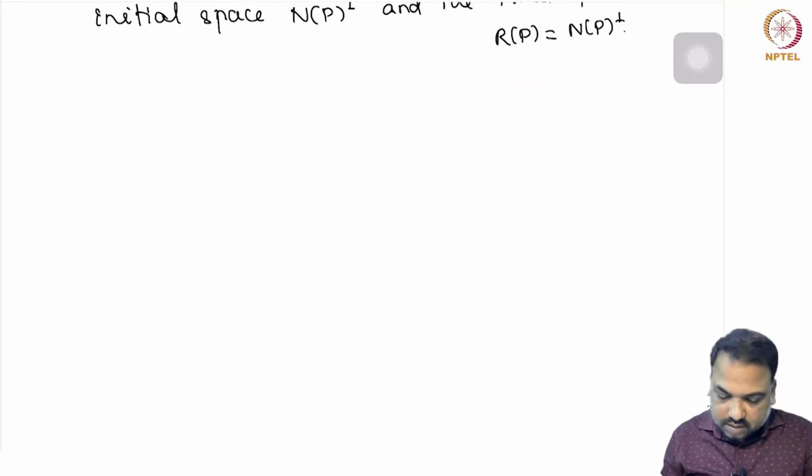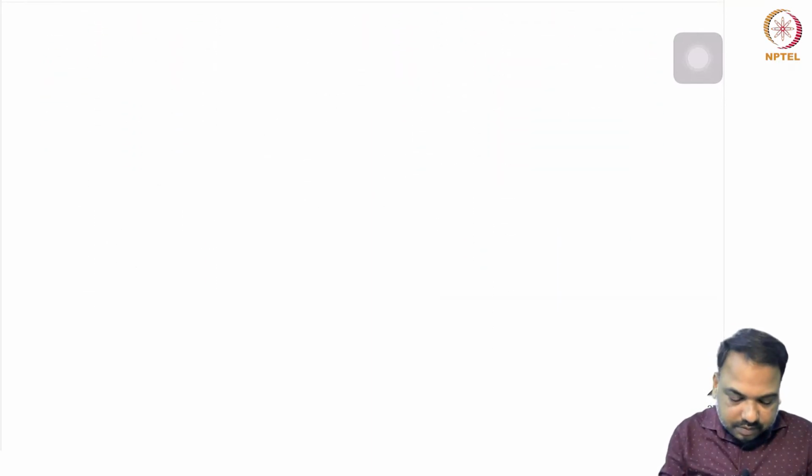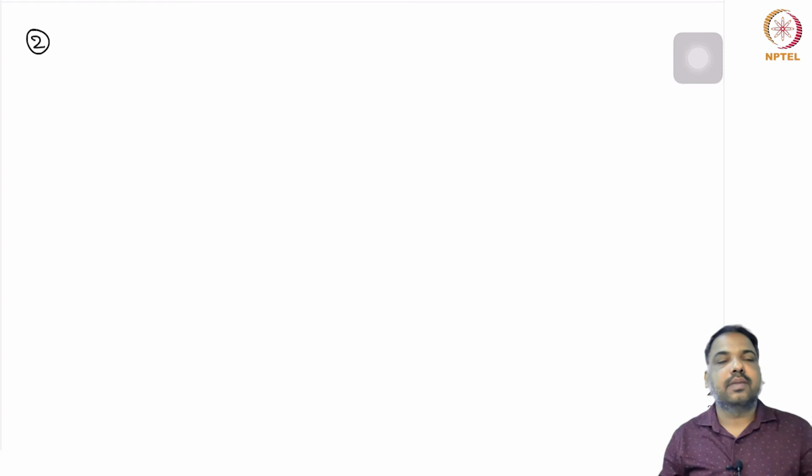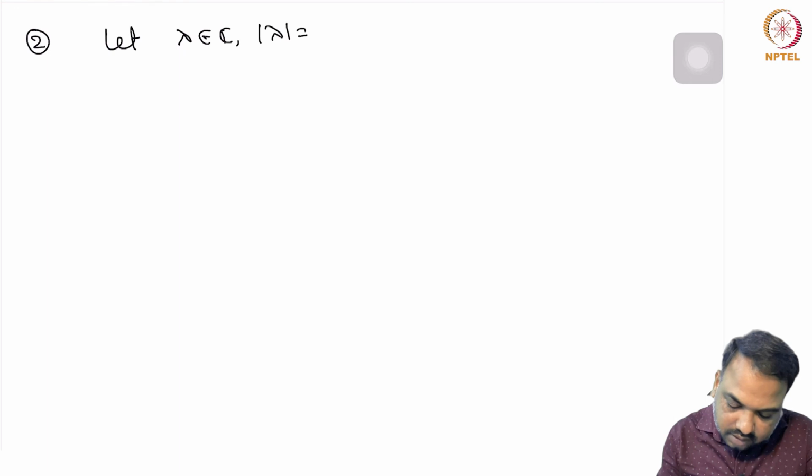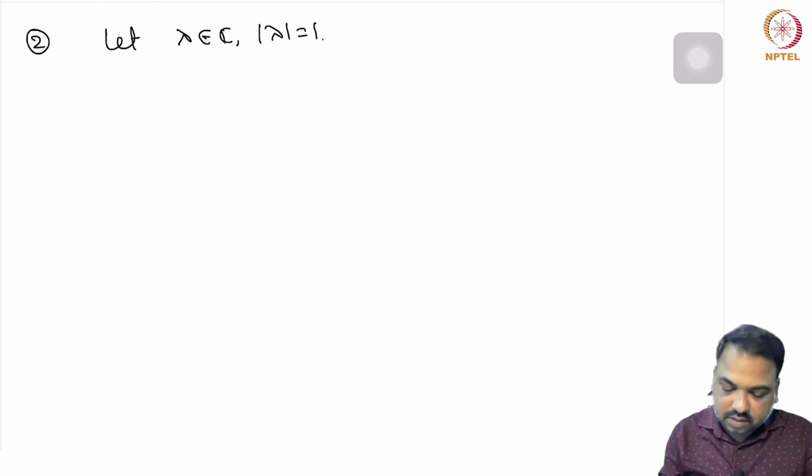Okay, so let us look at one more example. Let us take a complex number lambda with mod lambda equal to 1.